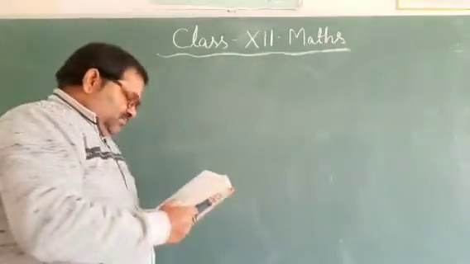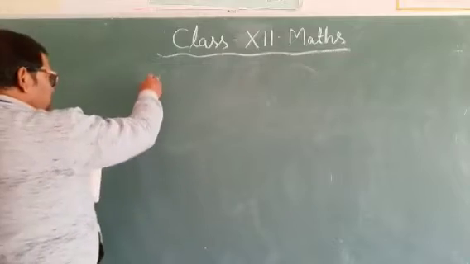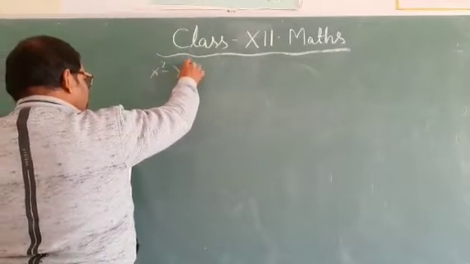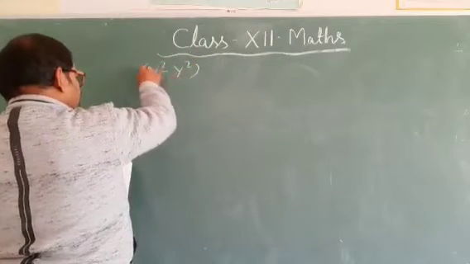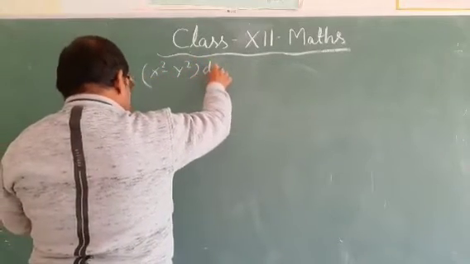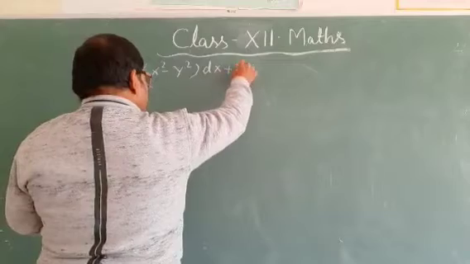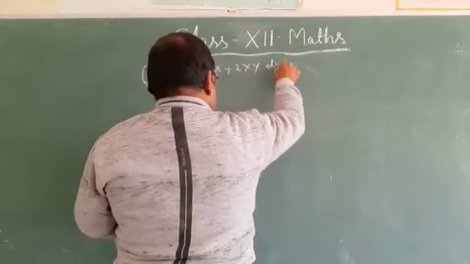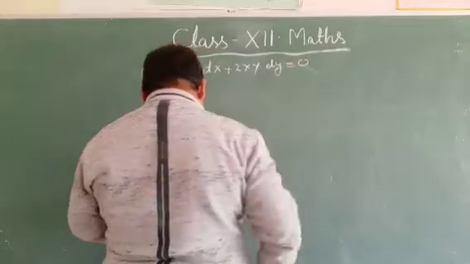Consider (x square minus y square) dx plus 2xy dy equal to 0.